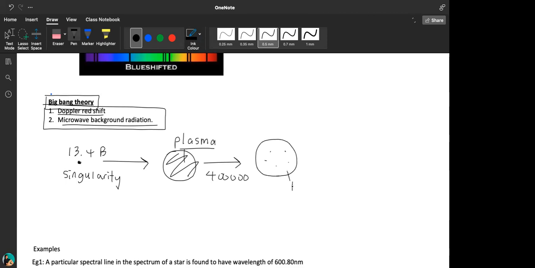So it's like you get your first hydrogen atom here. Now, 400,000 years after the bang, if you compare this amount of years to 13 billion, it's like nothing. So this stage is still about 13 billion years ago, still a very, very long time ago.